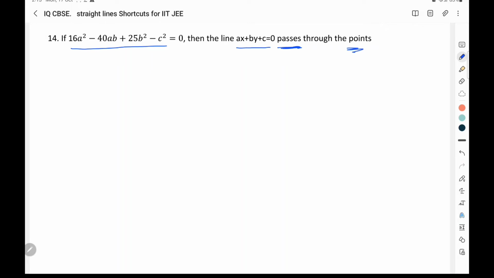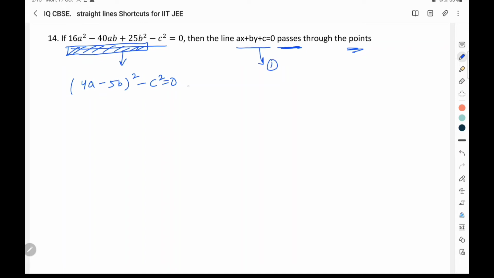So here the shortcut trick is, first we have to make this into a perfect square model. So on seeing the first part of this question, 16a square minus 40ab plus 25b square, I can see that this is nothing but (4a minus 5b) whole square minus c square is equal to 0. This is ax plus by plus c is equal to 0.